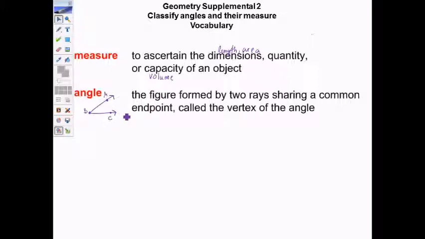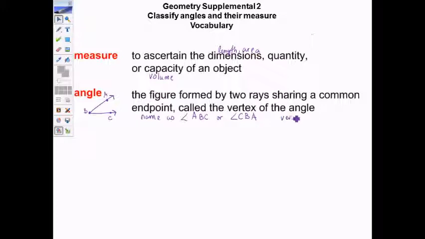Now, we talked about the fact that it was really important when you were naming a ray, which letter went on that endpoint where there was no arrow. When you name an angle, it's very important that the vertex is in the center. Okay, so when you name this, you name it as angle ABC, or you can name it angle CBA.